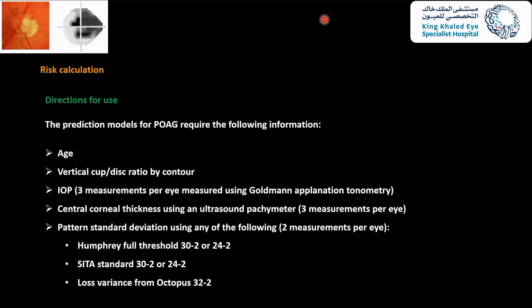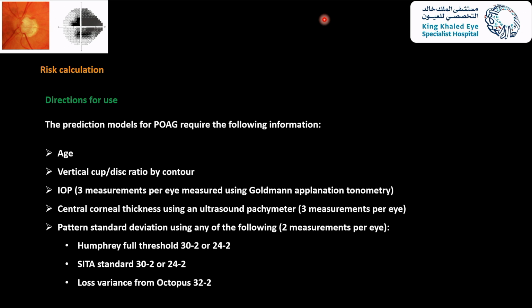So how do you use this point system? It requires the following information: the age of the patient, vertical cup disc ratio, IOP, 3 measurements per eye, measured using Goldmann applanation tonometer. Then you need central corneal thickness using ultrasound pachymetry, 3 measurements per eye, and you take the average.